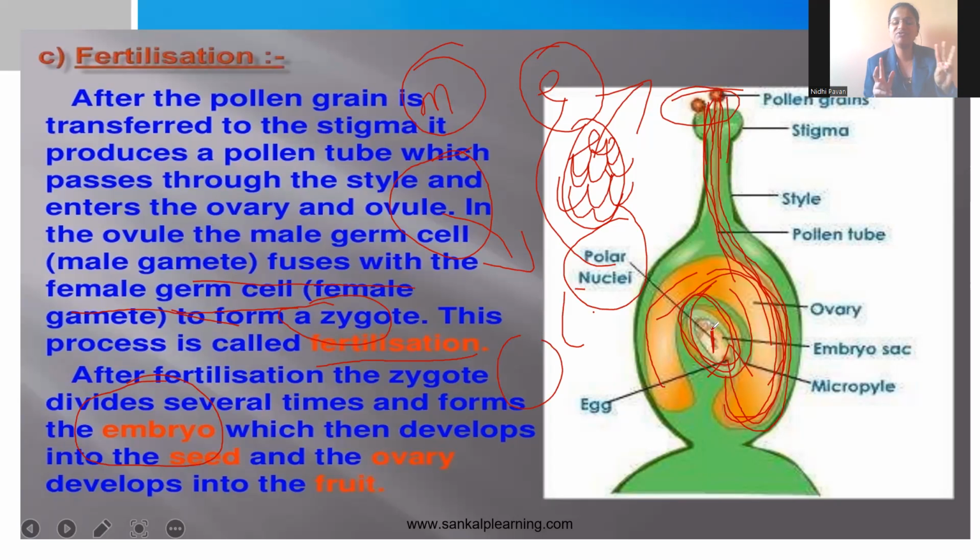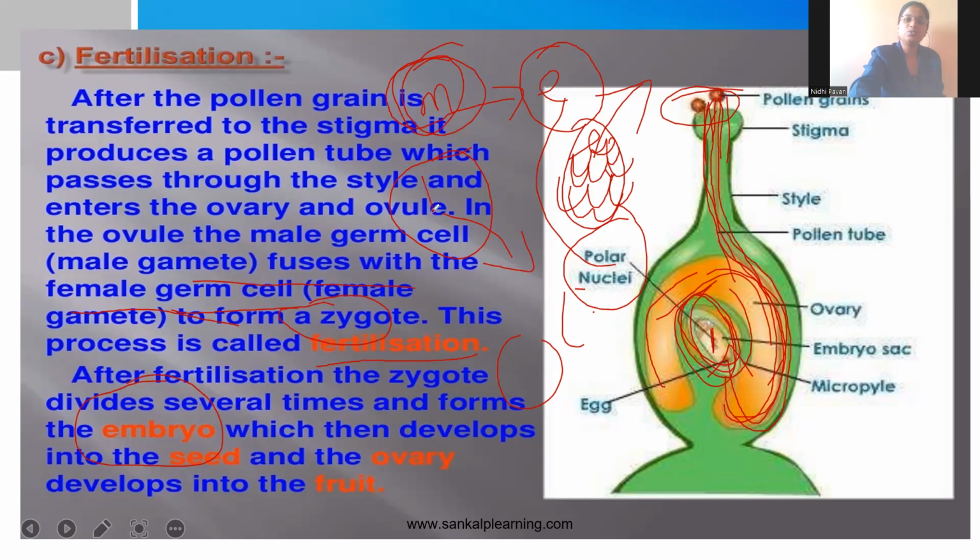So here three fusions take place. One male sperm fuses with the ova, and the other male sperm fuses with the two polar nuclei. As three fusions take place, we call it triple fusion. For example, one male sperm combines with the ova, that is the first fusion.